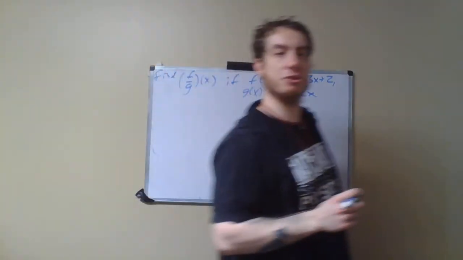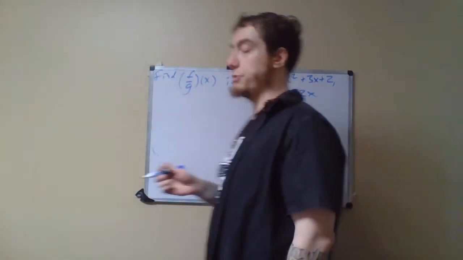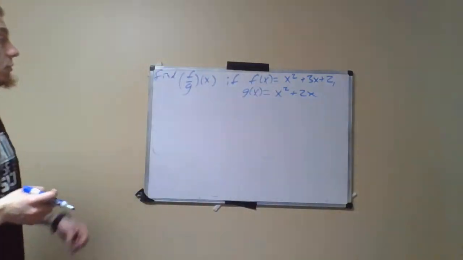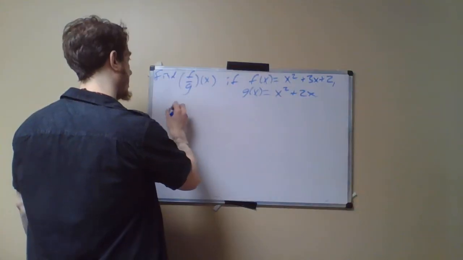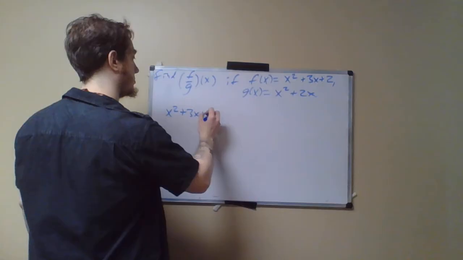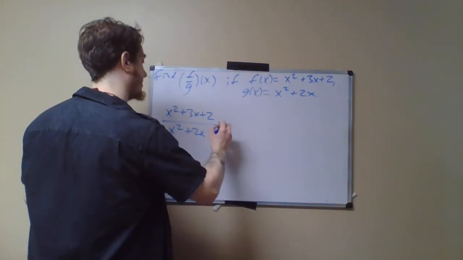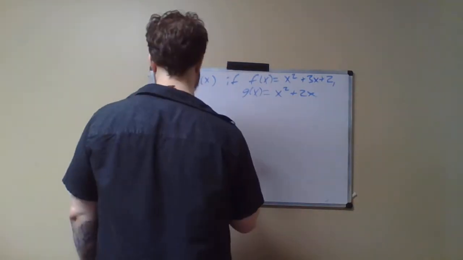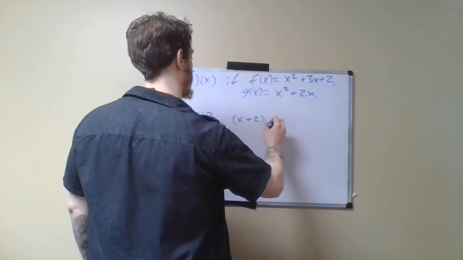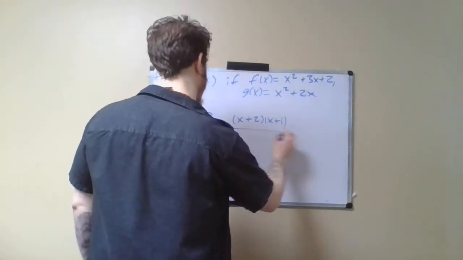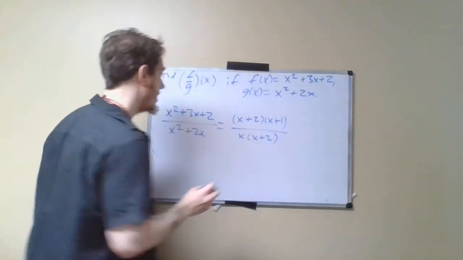Okay, hopefully you've been able to figure that out for yourselves, but let's make sure that we go through it carefully and see what we can get. So I'm going to start by just thinking about x squared plus 3x plus 2 divided by x squared plus 2x. If I factor this, the numerator turns into x plus 2 times x plus 1, and the denominator becomes x times x plus 2.